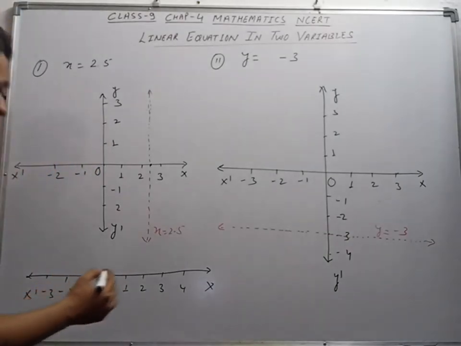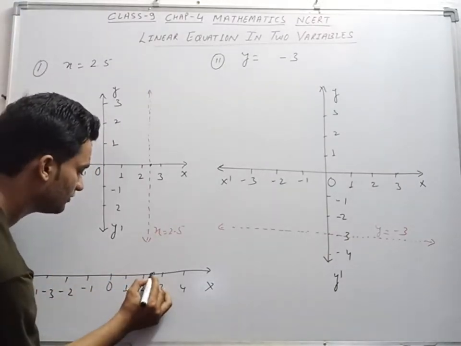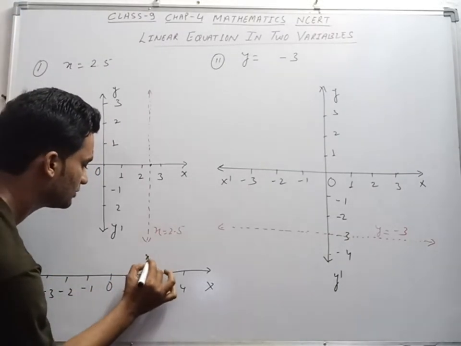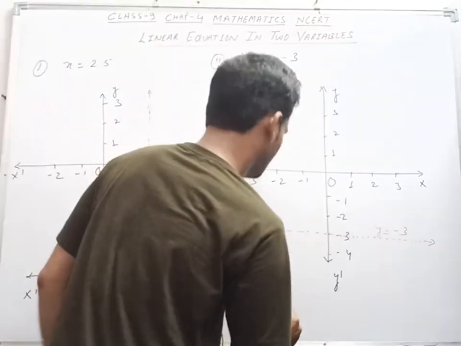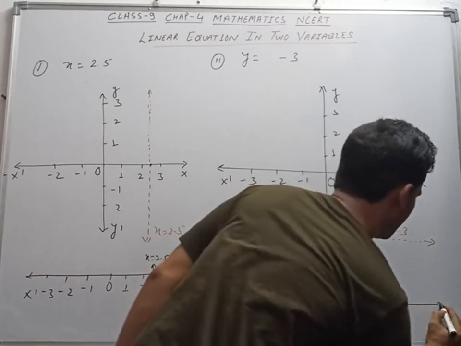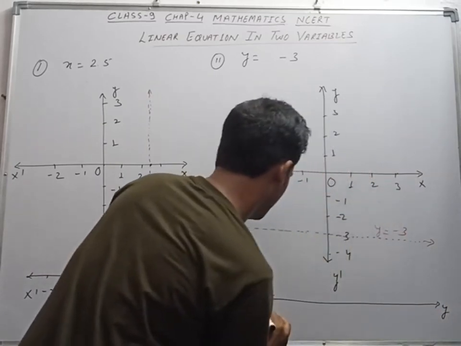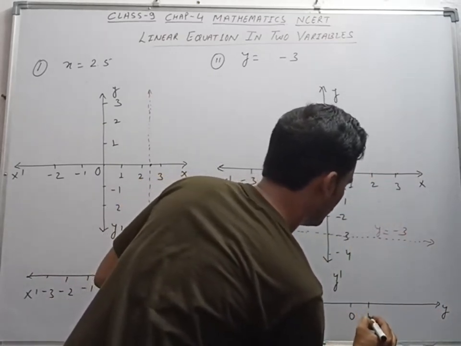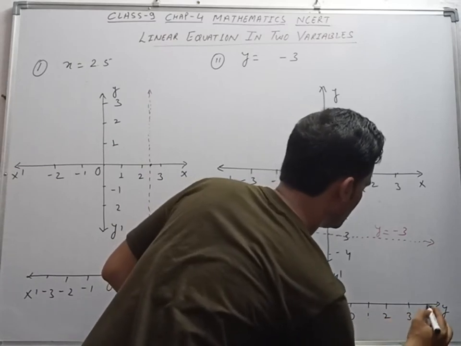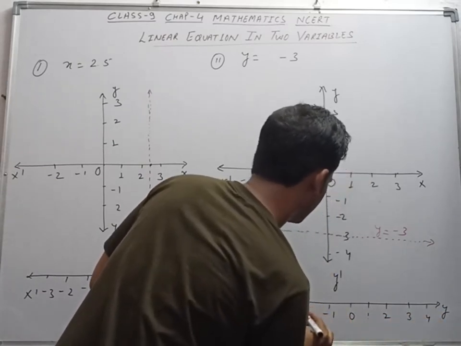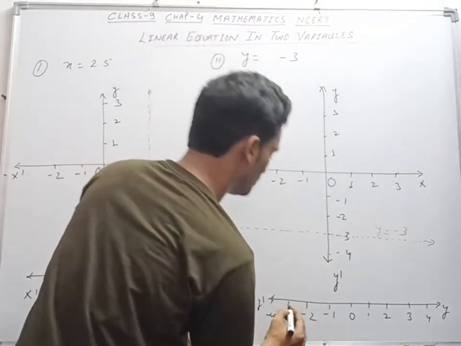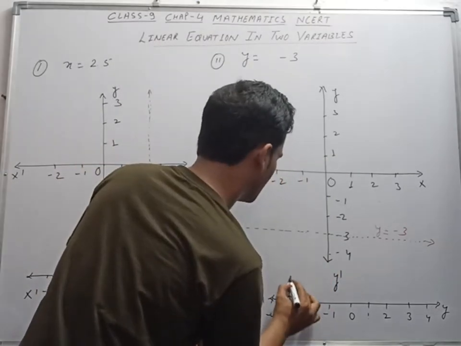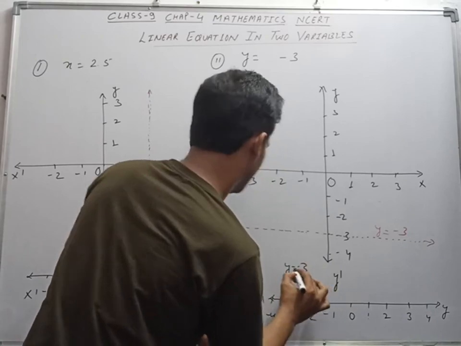X is 2.5, somewhere here. So we will show it like this, x equal to 2.5. And for this case we will make the y axis, y and y dash, with 0, 1, 2, 3, 4, minus 1, minus 2, minus 3, and suppose minus 4. Y is minus 3, so here we will write y equal to minus 3.